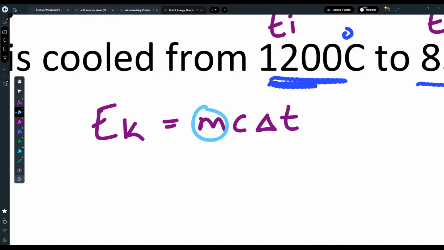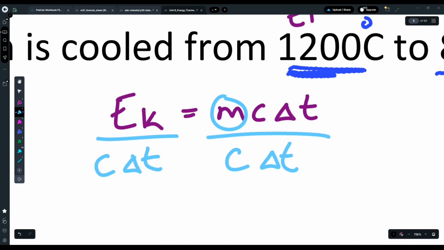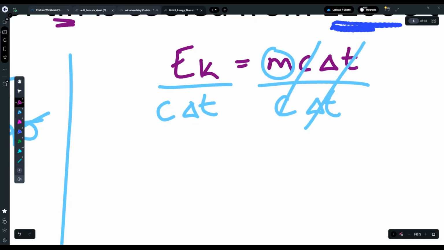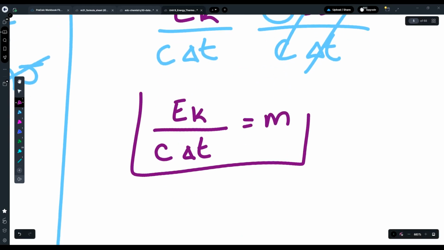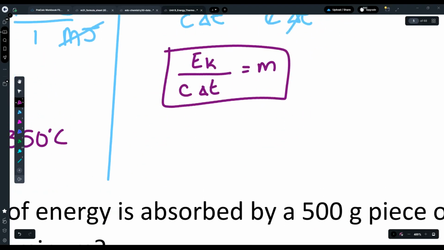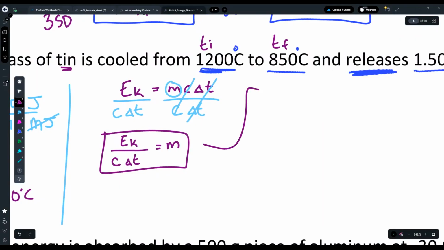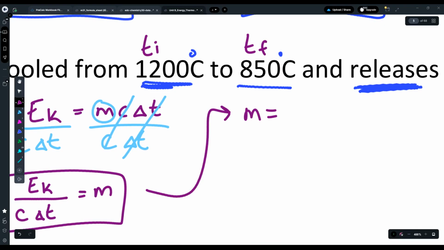Well, they're multiplying, so I have to do the opposite, which is dividing. So these cancel out, and I'm left with EK divided by C delta T is equal to M. This is the formula that we're going to be using here.